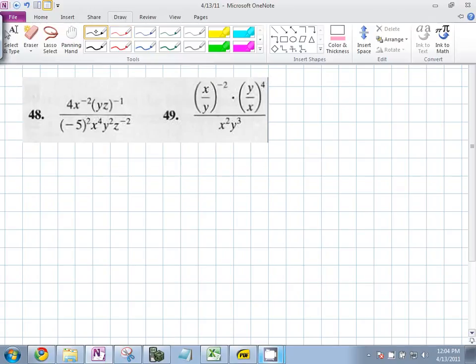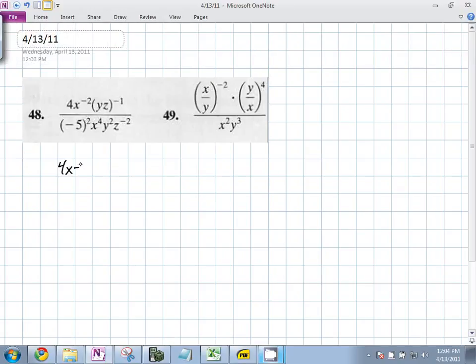That's a good default thing to do first. So you get 4x to the -2, y to the -1, z to the -1 over 25, x to the 4th, y squared, z to the -2. Now what? Yeah, same base you subtract.